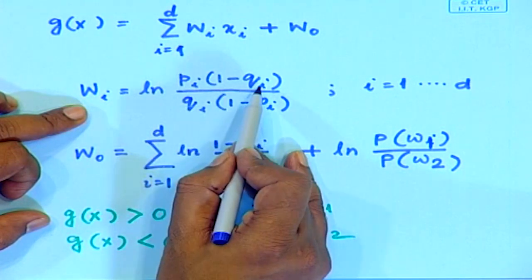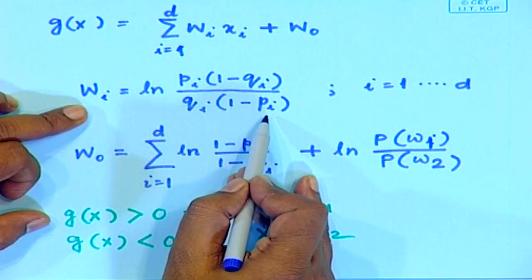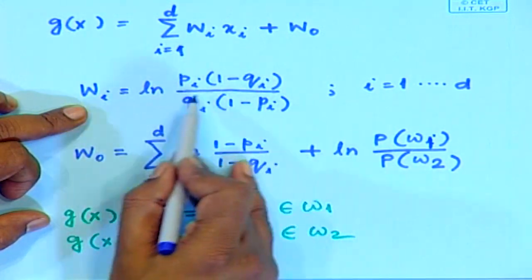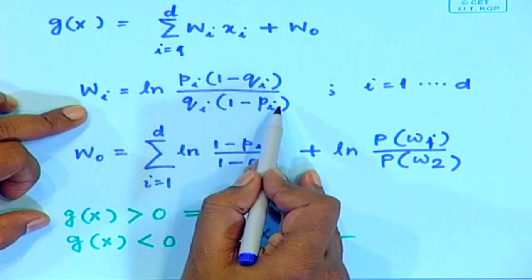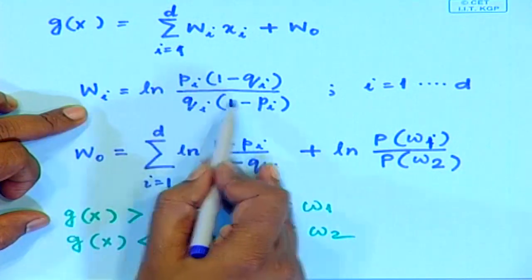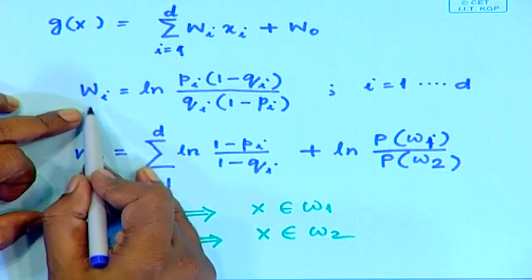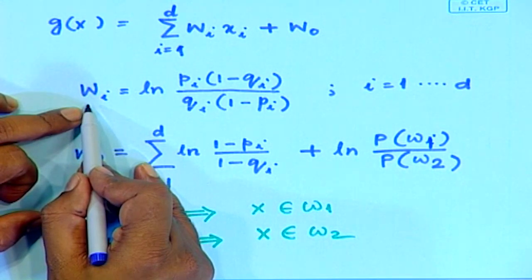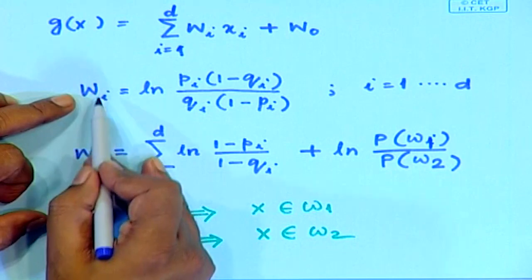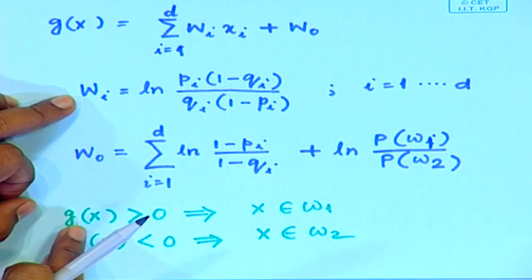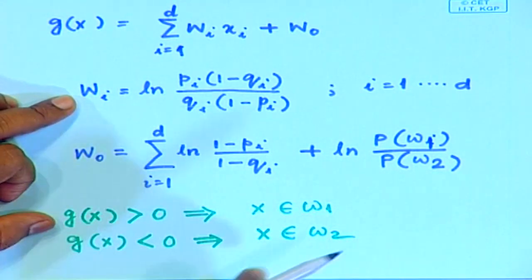On the other hand, if pi is less than qi, then 1 minus qi will be less than 1 minus pi. So, the numerator becomes less than the denominator. So, this term is a fraction which is less than 1, and the log of this will be negative. That means wi in that case is negative. If wi is negative, that means the corresponding xi into wi is trying to make g(x) less than 0.